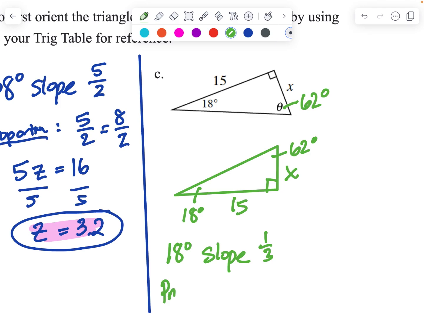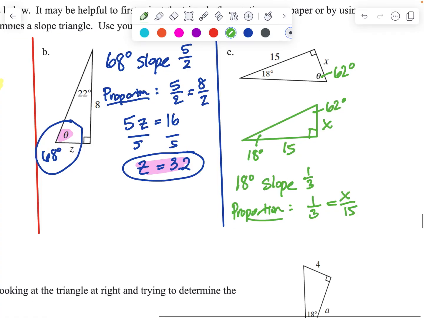So I'm going to set up my proportion. And my proportion is 1/3. That's rise over run. And this triangle that I'm looking at has a rise of x and a run of 15. So I'm going to say x over 15. And once again, I'm just going to cross multiply to solve this.